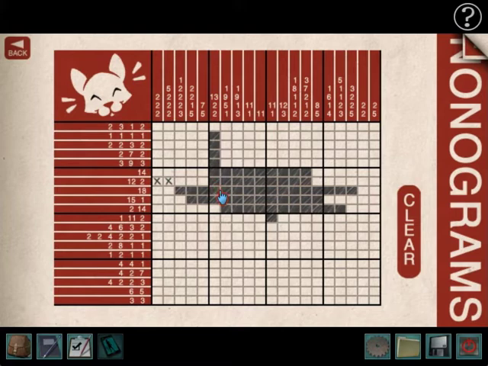I mean, I don't see why not. 6, 7, 8, 9, 10, 11, 12, 13, 1, 2, 1, 2. Okay, so we can go all the way down to here, at least, with that. We don't know if this is connected as part of the 11 on this row or not, but at least we can keep that in mind.